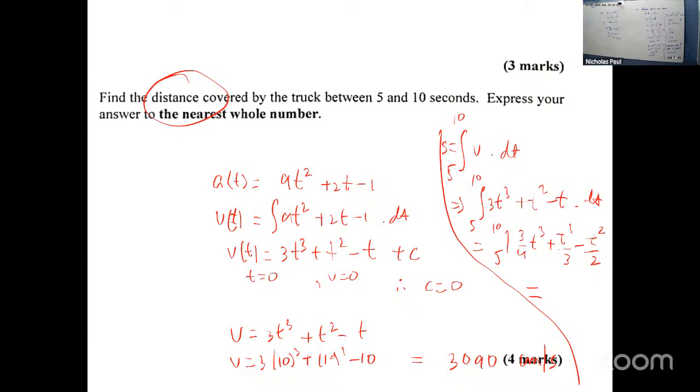You're plugging in 10 and then 5. 7,200 and something. Alright, just plug in the 10 and the 5. I'm doing that now and I'll send the answer in the group, right?